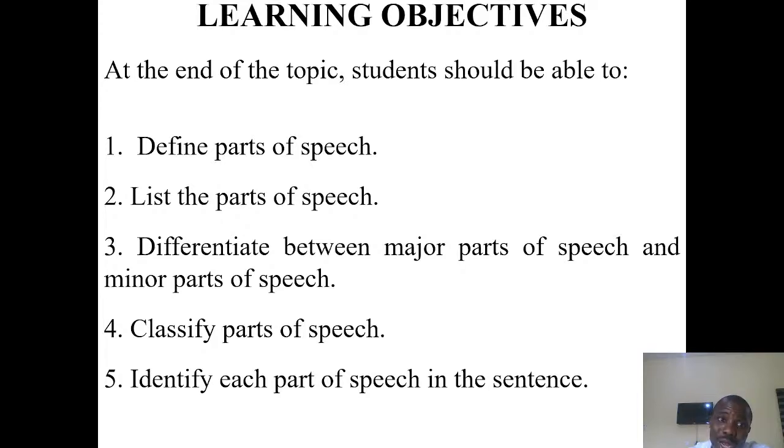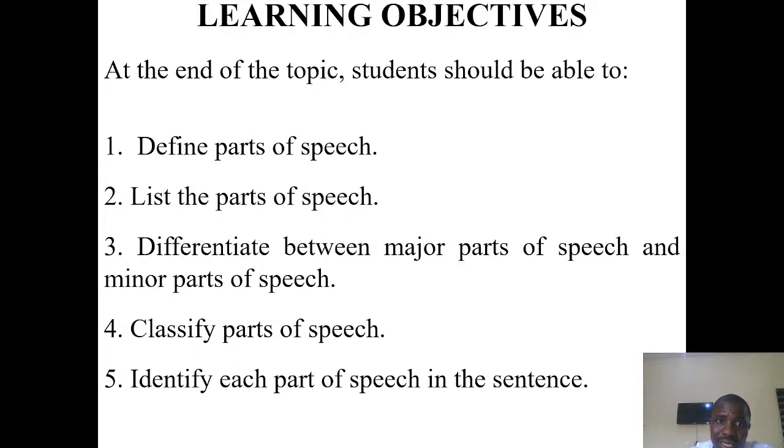But you may be hearing word classes. Structural grammarians call it word classes. So there is no difference between parts of speech and word classes. You need to define what is part of speech or word classes.